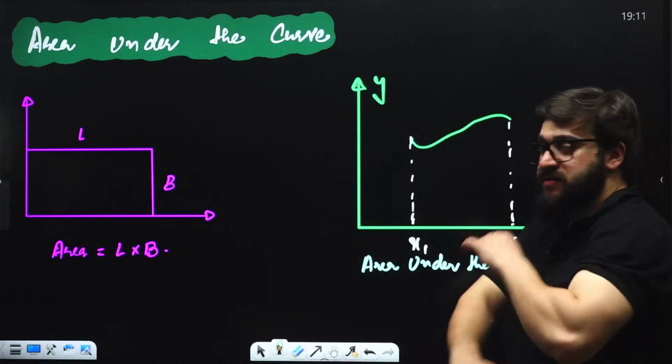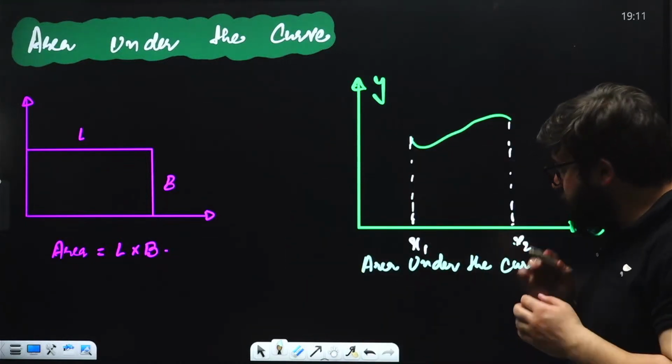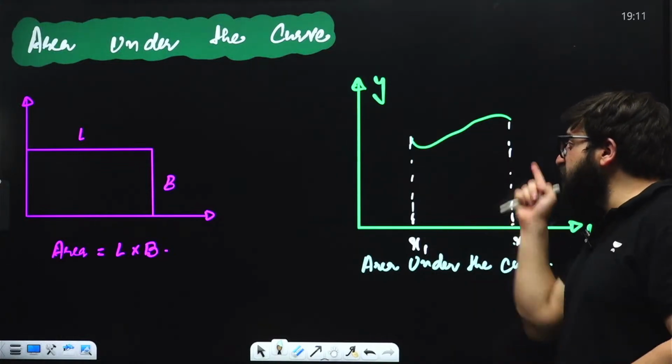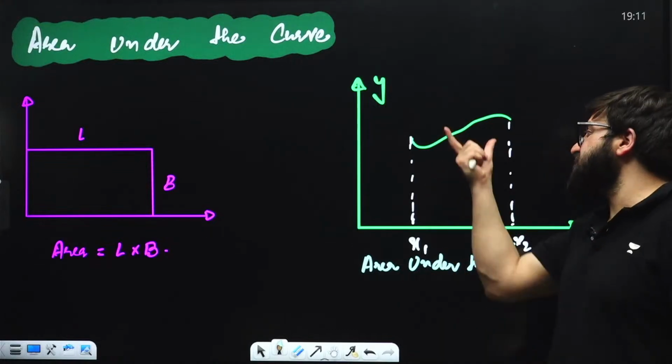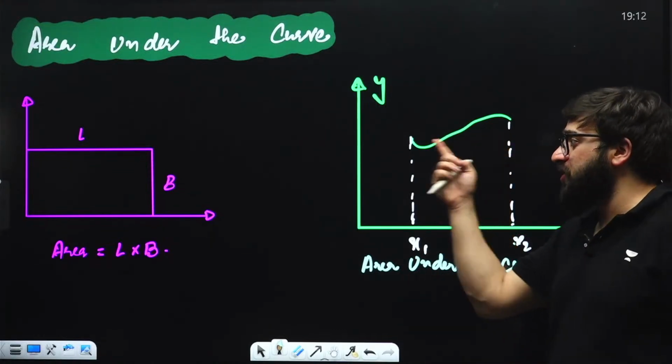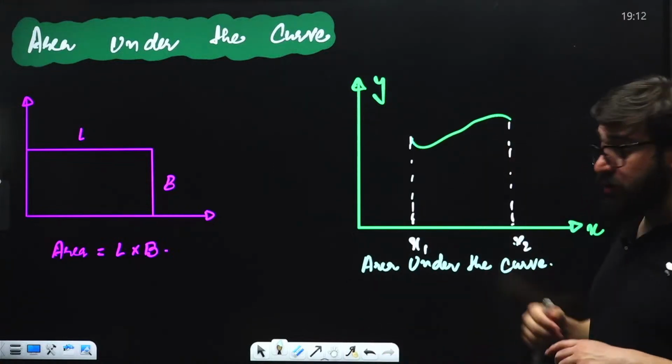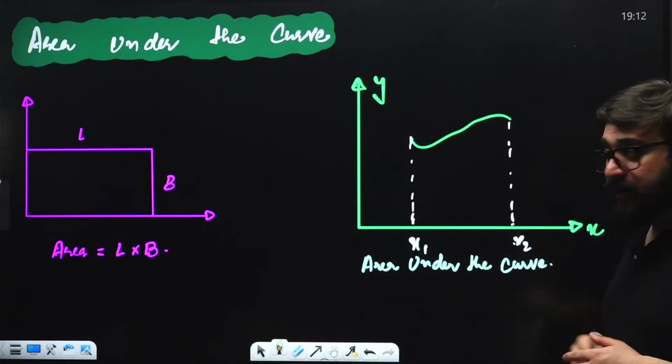Now see, guys. In this particular case, can I use the rectangle formula? No, because this is not a rectangle. It's a curve, so I cannot use this formula to find the area. Can I use the triangle formula? No, because it's not a triangle.